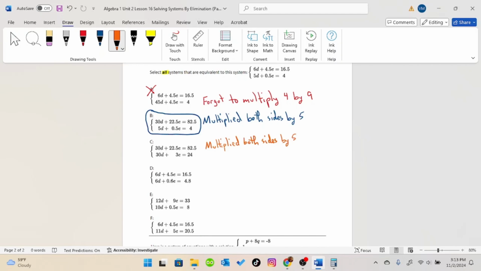If we look at the bottom, they went from 5D to 30D, so they multiplied by 6. They went from 0.5E to 3E, so they also multiplied by 6. And they went from 4 to 24, so again they multiplied by 6.